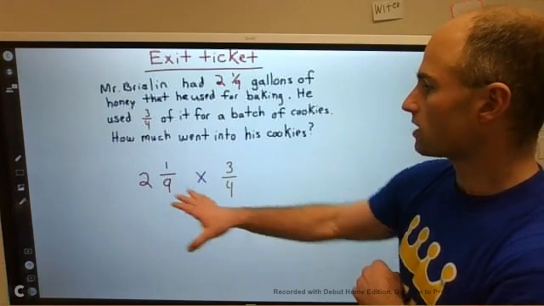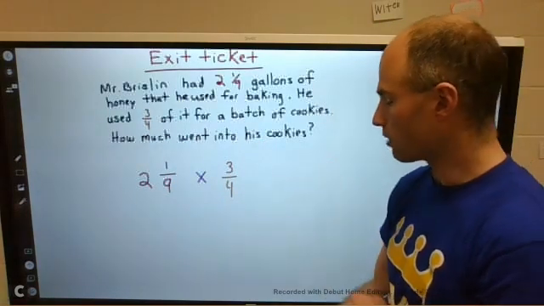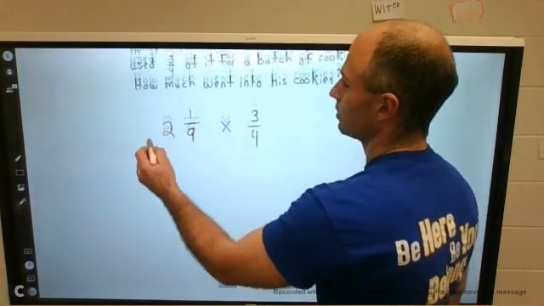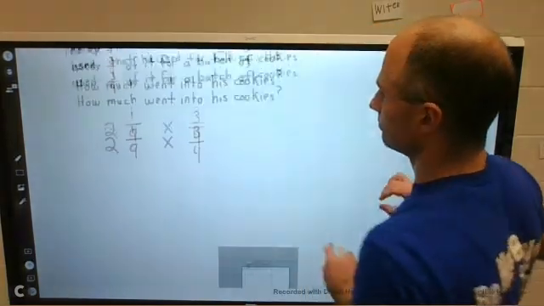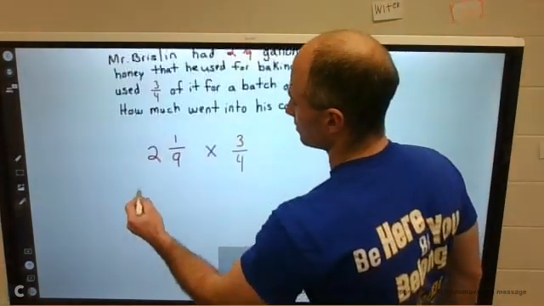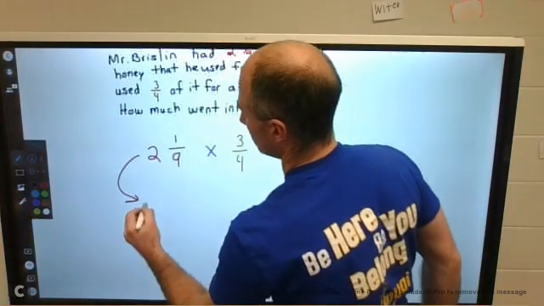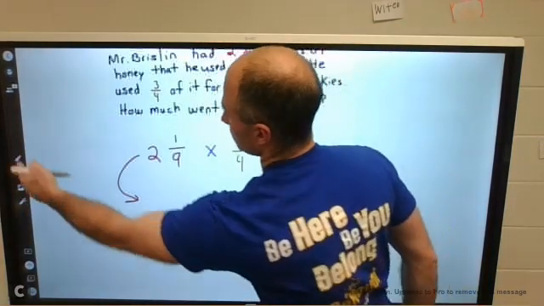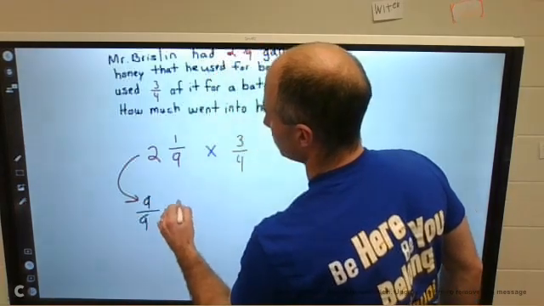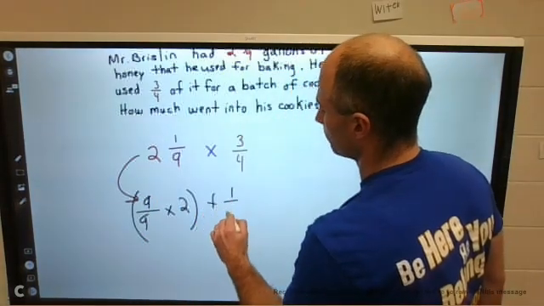Now, the first step is to turn 2 1/9 into an improper fraction. So I'm going to identify, here we go. 2 1/9 is going to become 9/9 times 2, plus my 1/9.